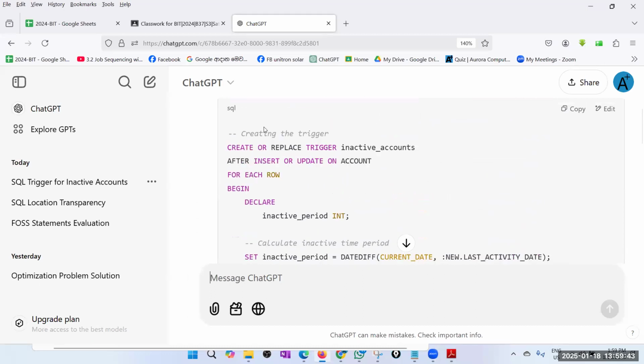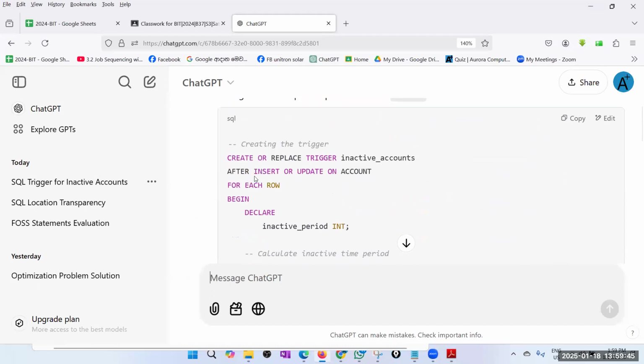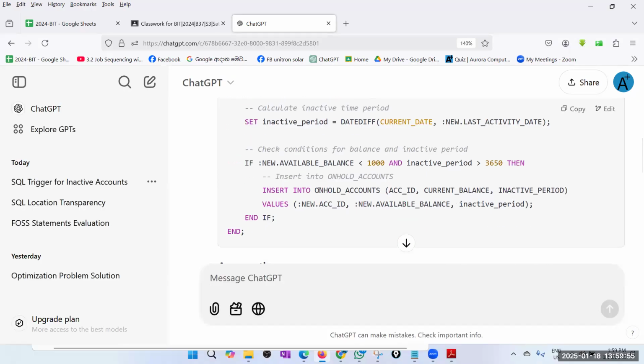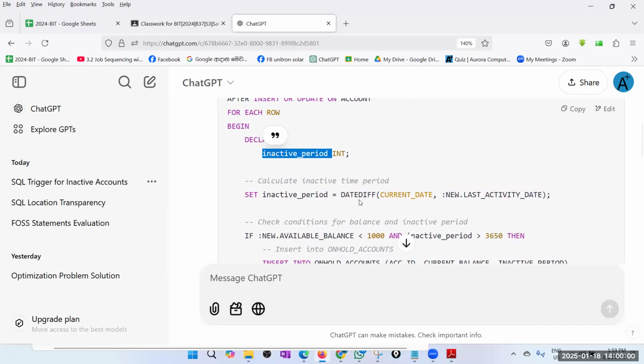Yes, so this one is using the if condition. Create or replace trigger this after insert update for each row. You can see there's a variable called inactive period. So inactive period is the date difference between the current date and that date.